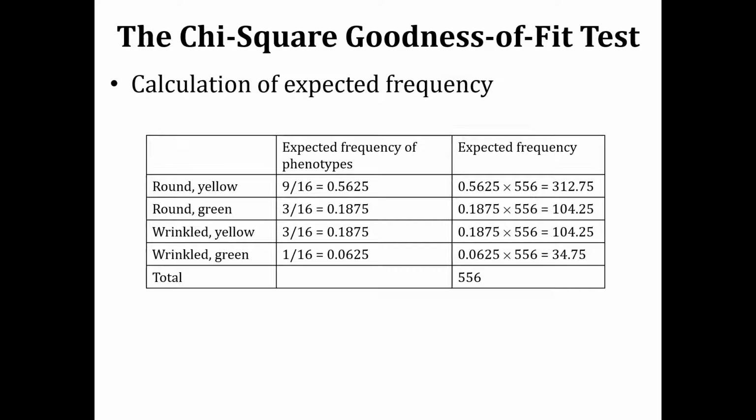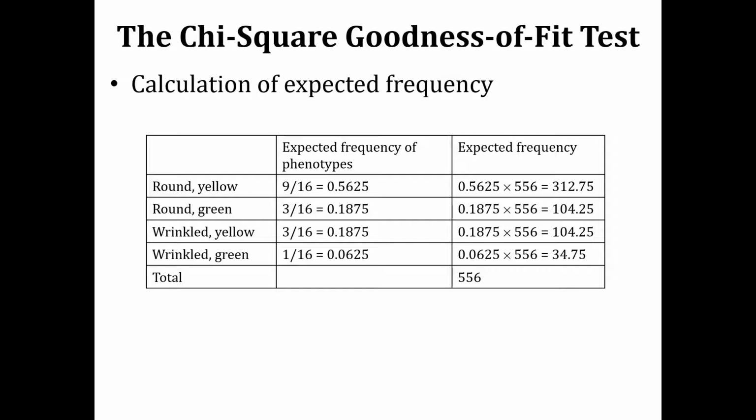And now we calculate the expected frequency. What is the total number of the progeny that the farmer had? It is 556. So 0.5625 of 556 is the expected frequency for round yellow, which is 312.75. For round green and wrinkled yellow, it is 104.25 each.